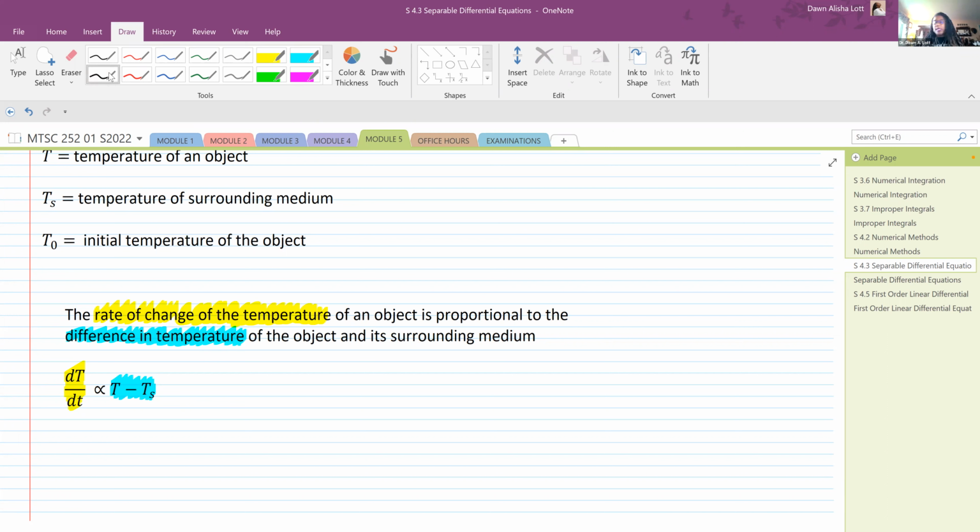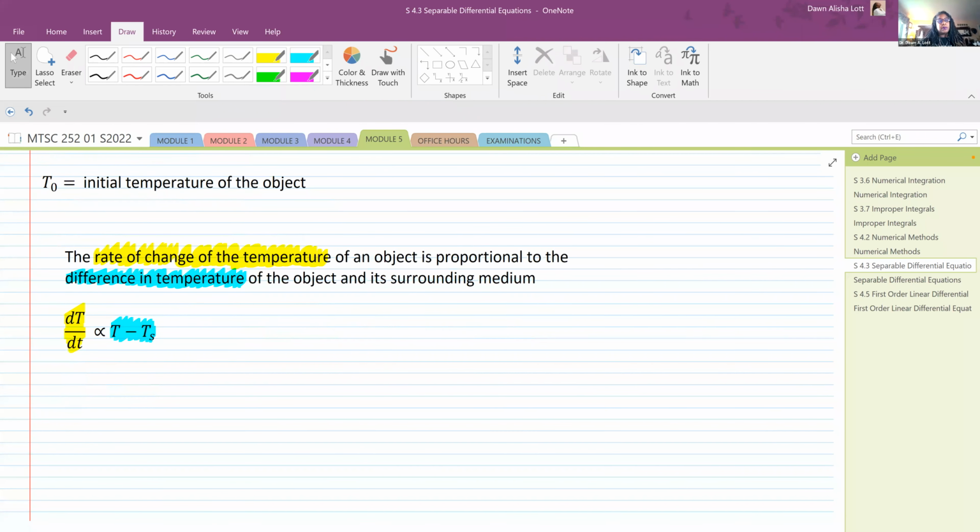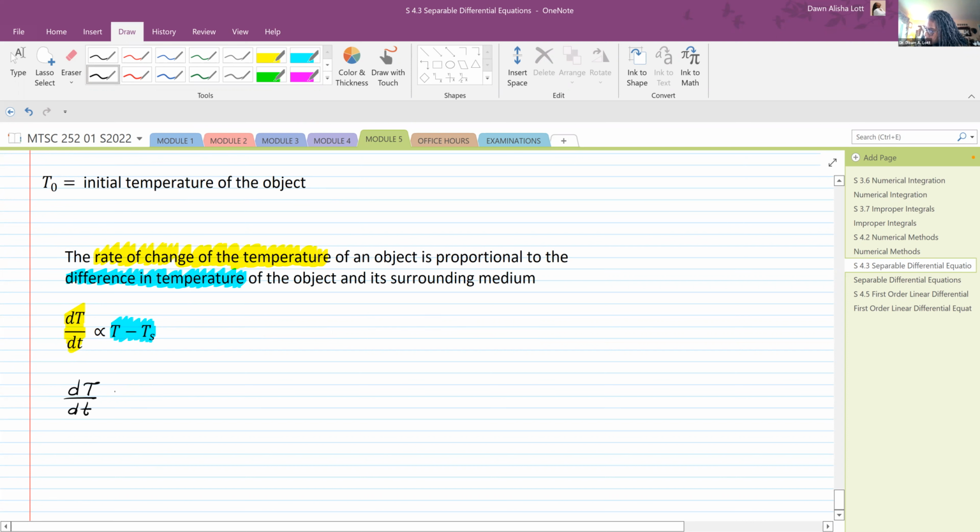Okay, so now I can solve this just like I did the other separable differential equation. If we remember, we're going to be able to write dT over dt is proportional. So that means there is a constant k times the temperature of the object minus the temperature of its surrounding.